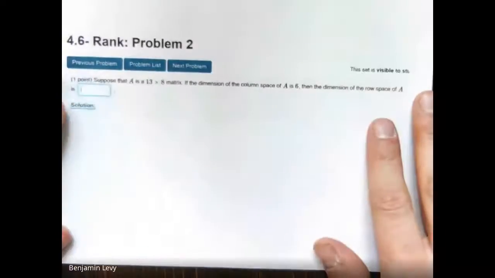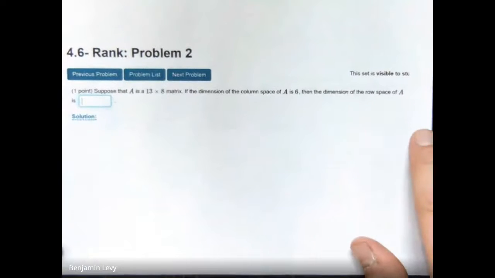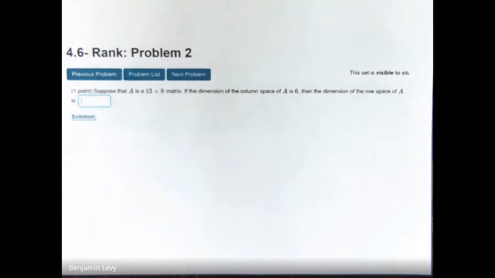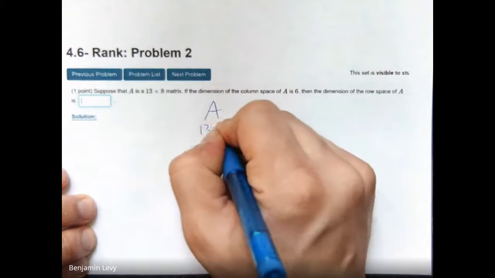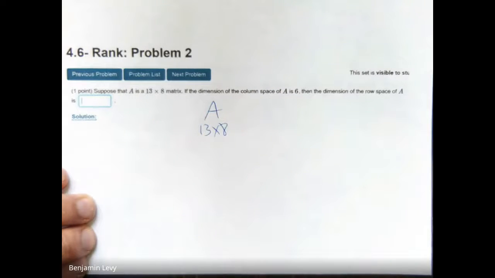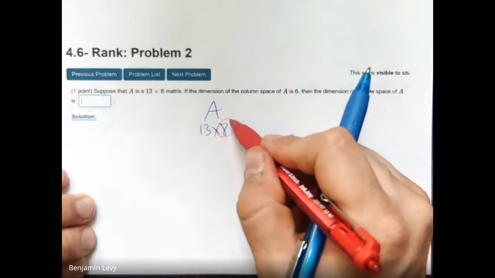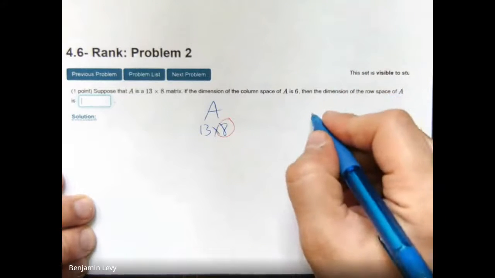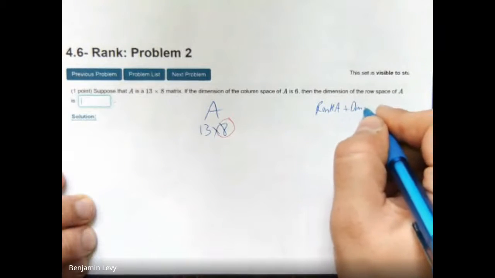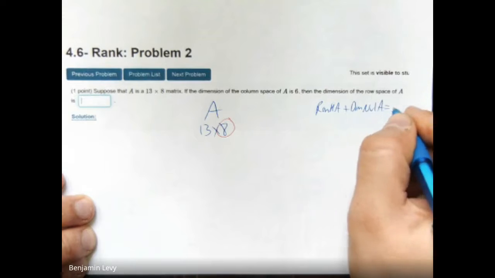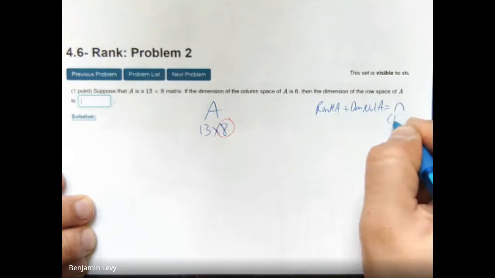So the first one I had was this one, 4.6 number 2. It's telling us that A is 13 by 8. Let me write down the equation: rank plus the dimension of the null space equals n, the total columns.